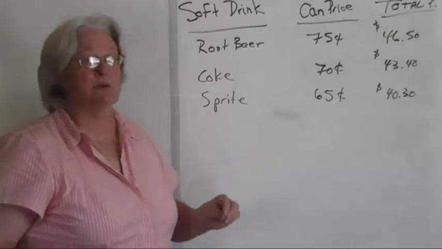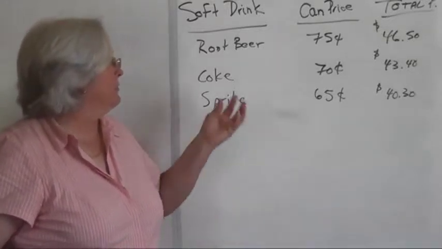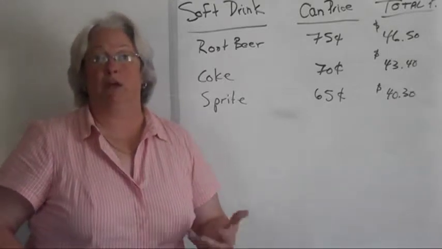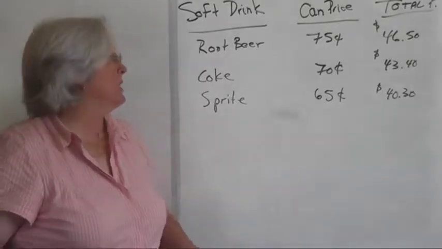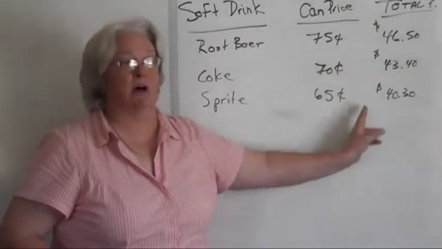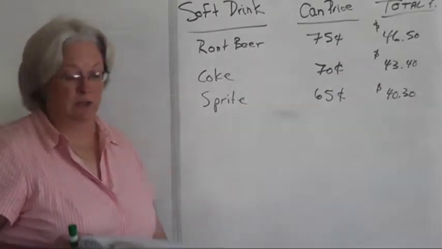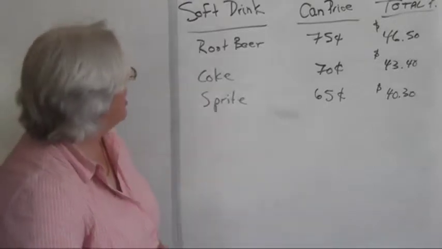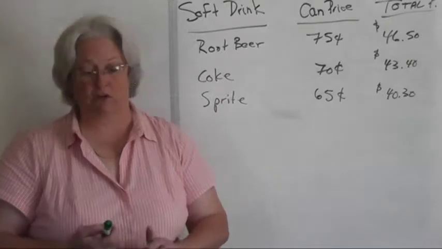But the Sunday school committee wanted to know, okay, we've got 62 people that we are going to be offering a drink to, and I want you to give us a cost breakdown for each different type of soft drink so we can determine what it is that we want to offer as the one soft drink.